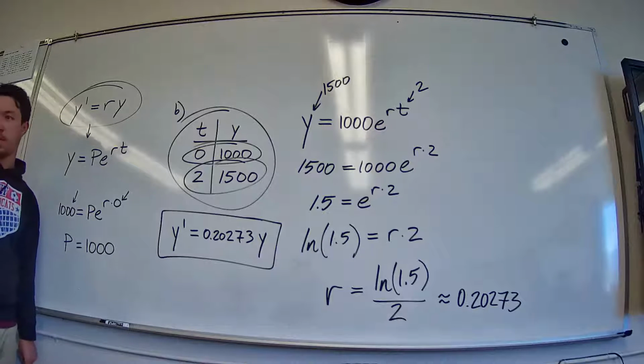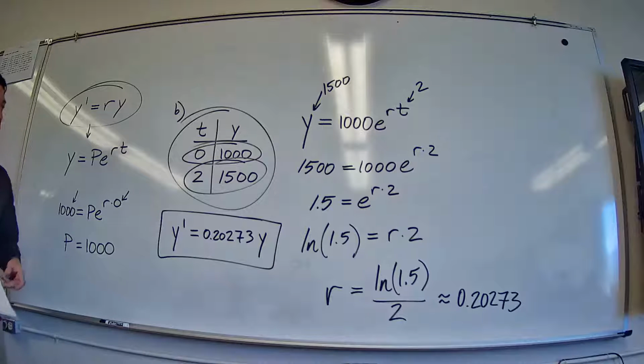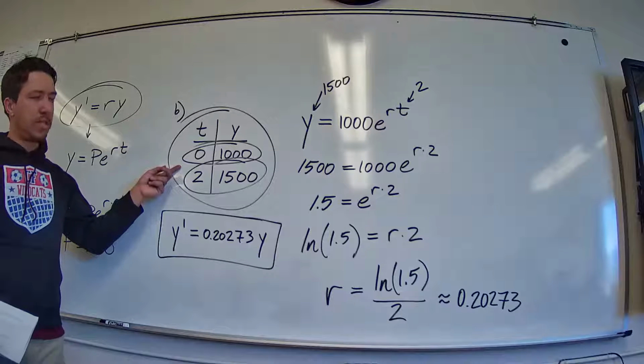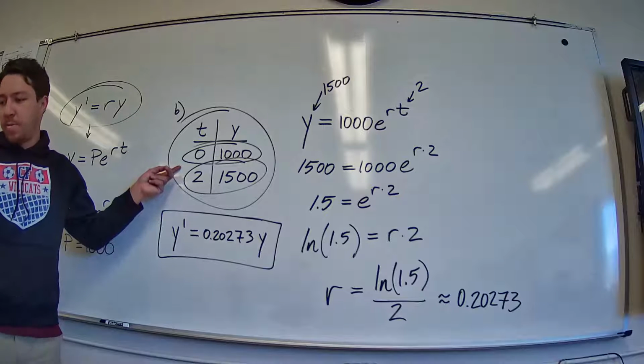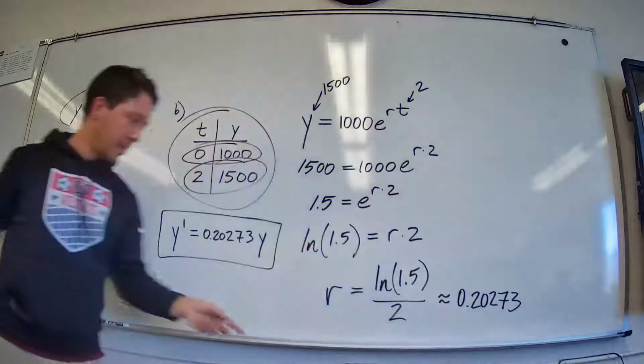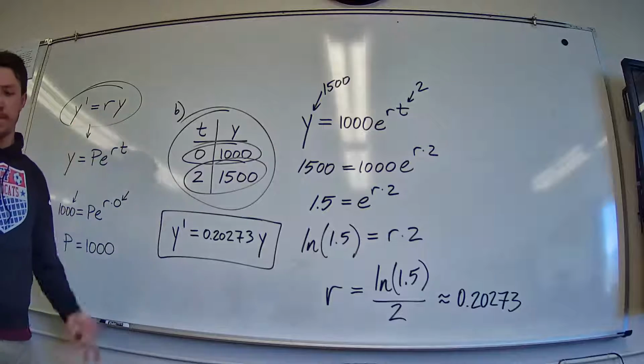Are there any questions on that? No. So a fairly standard calculus question is, assuming that this data holds, what's the differential equation that describes this exponential growth? The process would be to find the R value using your standard technique, and then just replace the R with that number. There you go.